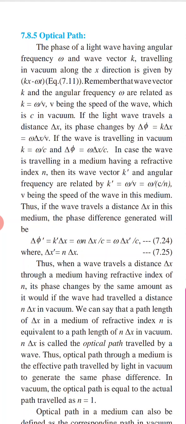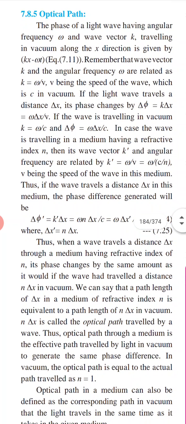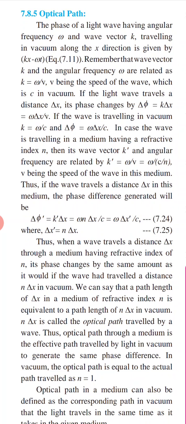If a light wave travels a distance delta x, its phase changes by delta phi, that is k delta x, which is equal to omega delta x upon v. If the wave is traveling in vacuum, k equals omega upon c and delta phi is equal to omega delta x upon c.